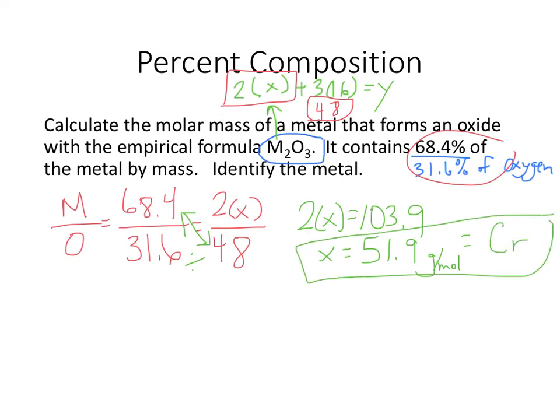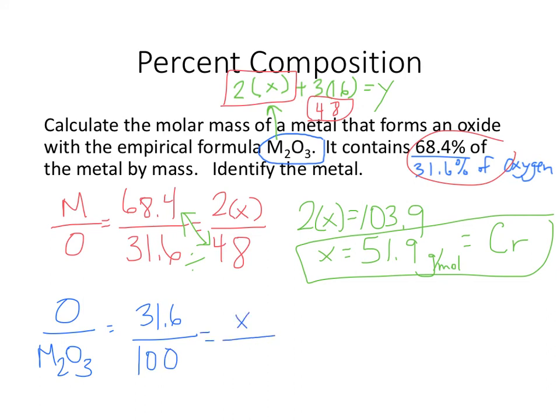Here's a different way you could tackle the exact same thing. You could say, what is the mass of oxygen compared to M2O3, the total, instead of a part to part? Because I know that oxygen is 31.6%, that's 31.6 per 100, and I also know that oxygen is 48.